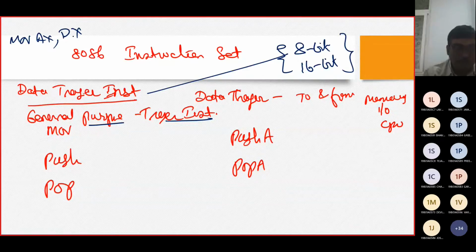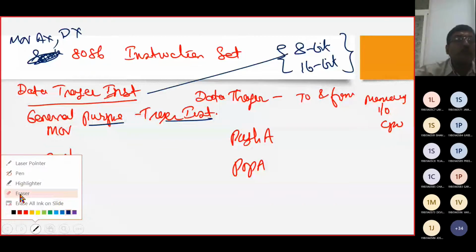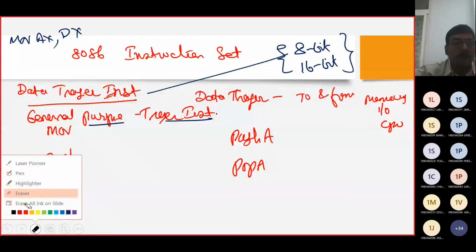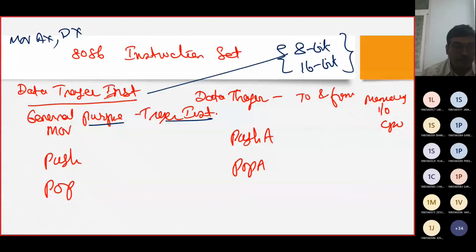Now what is the source? We call DX the source, and AX, to which we are moving, we call the destination.